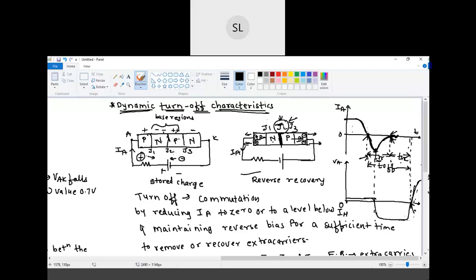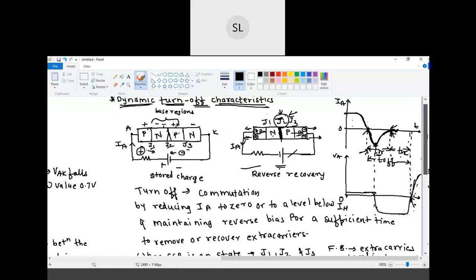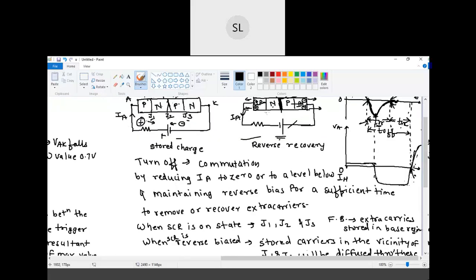Now during this forward conducting mode, the charges will be stored in the vicinity of junctions J1, J2 and J3. Until all the stored charge carriers have been removed, the device will not be turned off. So in order to turn off the device, we apply some reverse bias across this thyristor, because of which the charge carriers in the vicinity of junctions J1 and J3 will be initially recovered.